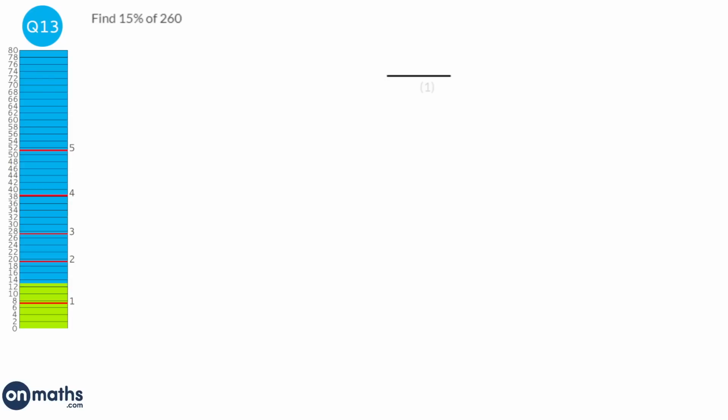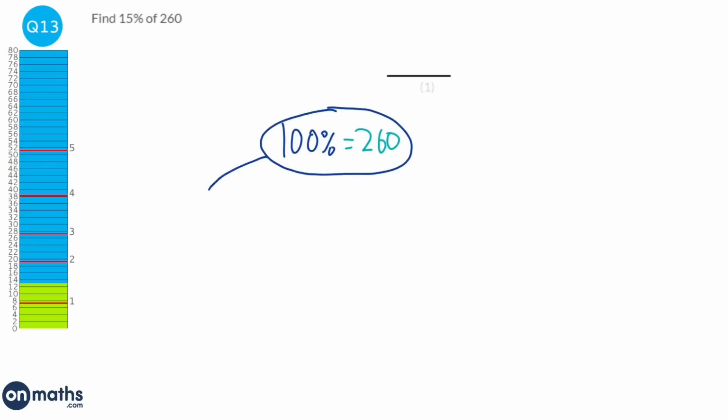So we're going to first of all work out what 100% of 260 is, and that's just 260. Next we're going to work out what 10% is. And 10% is very easy because we just divide it by 10. So 260 divided by 10 is 26. And we also need a 5%, so I'm going to try and grab a 5%.